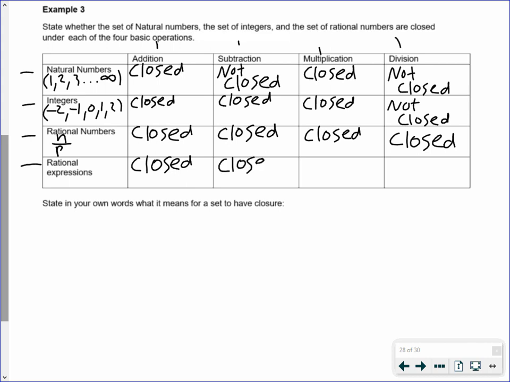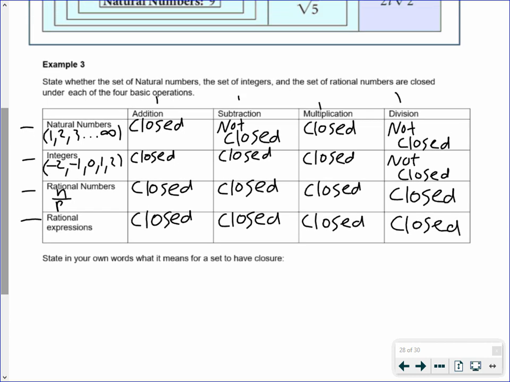Same thing with subtraction, multiplication, and division. It's all going to be closed because the set of rational expressions behave very similarly to the set of rational numbers, because for our purposes, they're just very, very complicated fractions. So they're going to behave very similarly to rational numbers with respect to closure.